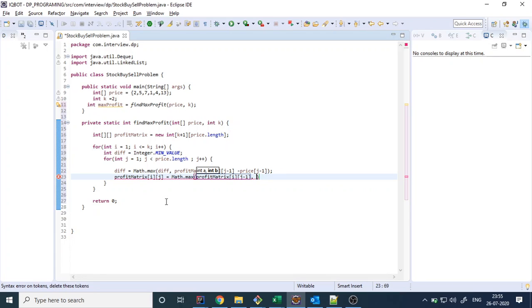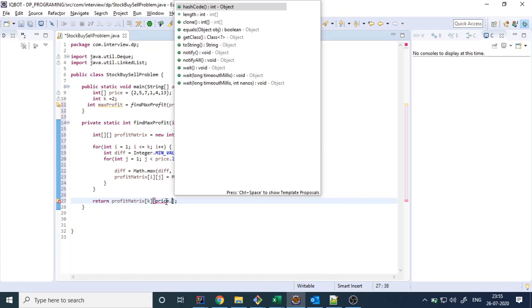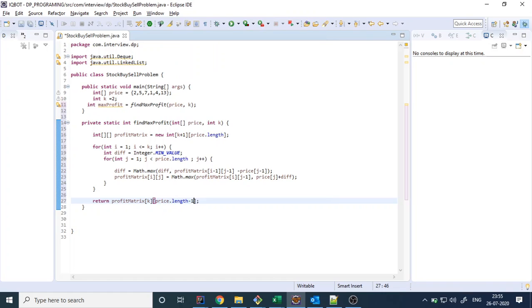Otherwise, in the same row, price of j plus diff, right? And then lastly, profit matrix of k plus 1 transaction, and price dot length minus 1.